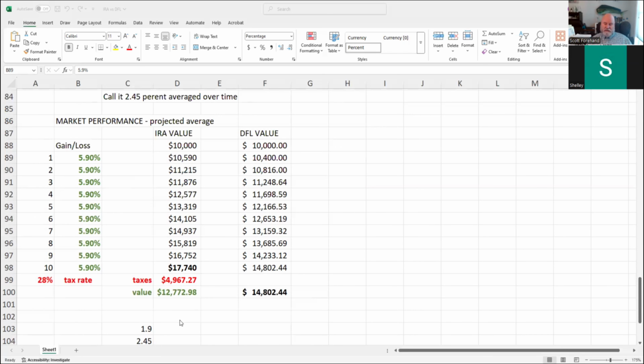No matter how you slice it, whether it's a TSP or a KEO or a SEP or a FERS program or any other kind of pension, 401k, 403b, 457, deferred comp program, whatever, no matter what you're looking at, especially if the S&P is a component of growth within those programs, an infinite bank is most likely going to be a better option for you, depending on how close you are to retirement.